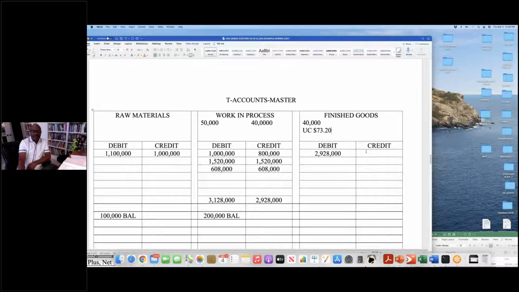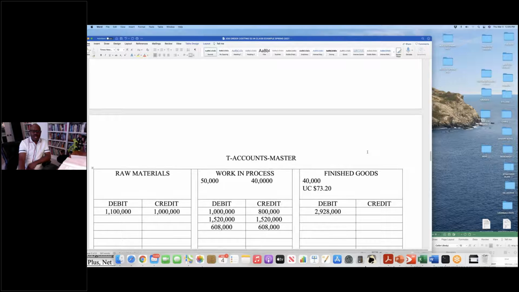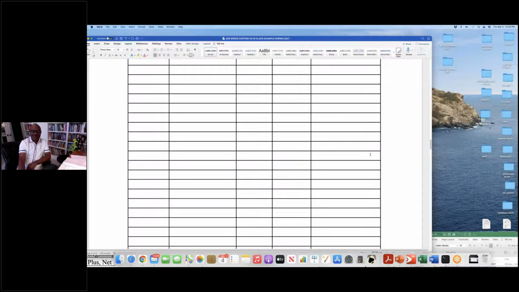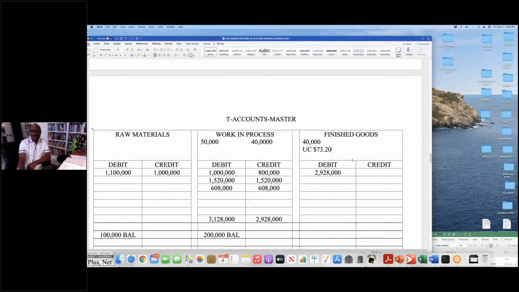I told Asada already how I found that, but I forgot how I did it. Okay, so it was the finished goods inventory divided by the units that we used. So it was the 2,928 divided by the 40,000, the units completed. Oh, okay. Now that makes sense.